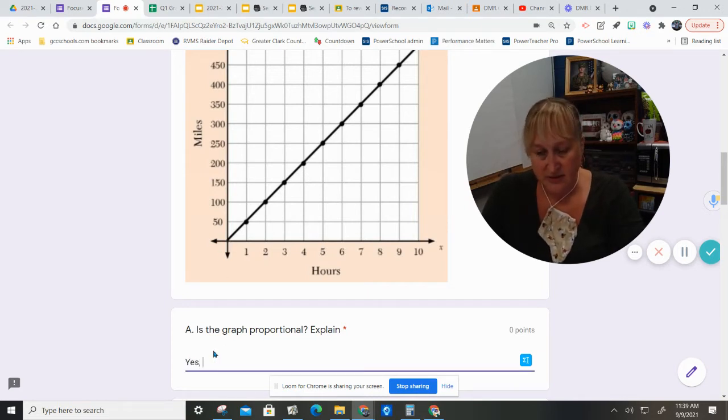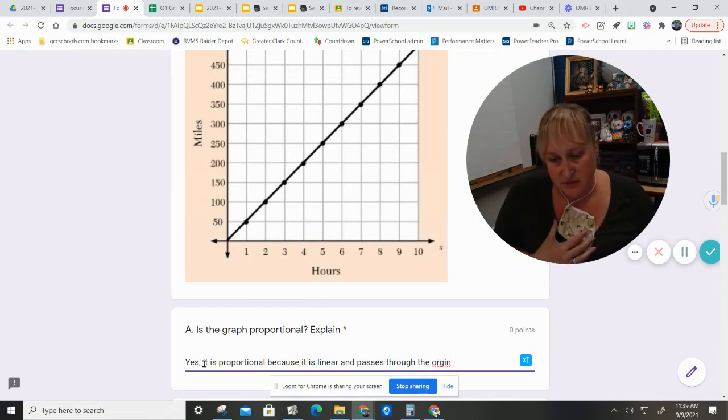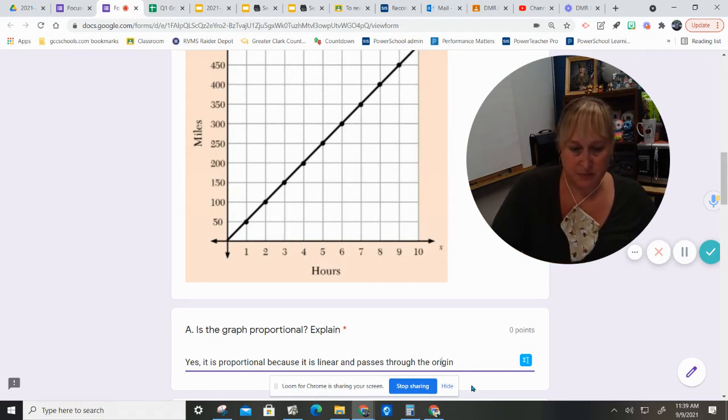So yes, it is proportional because it is linear and passes through the origin.